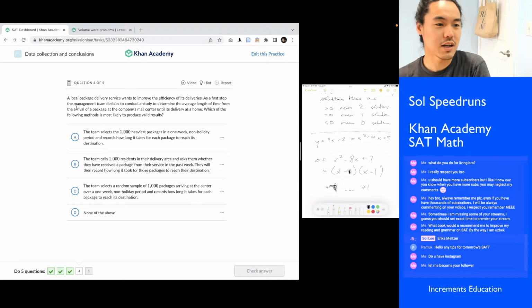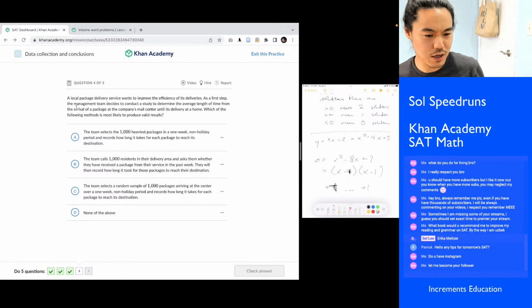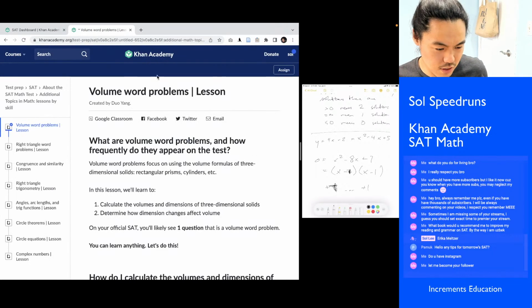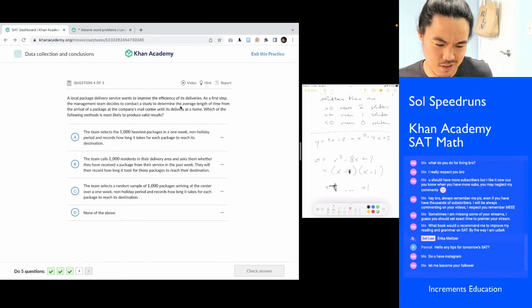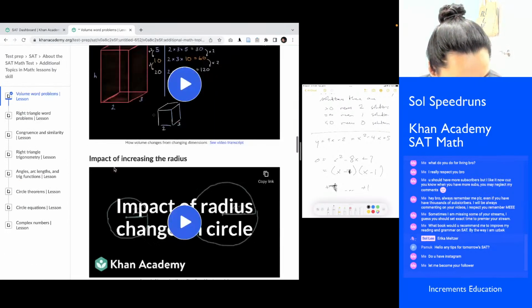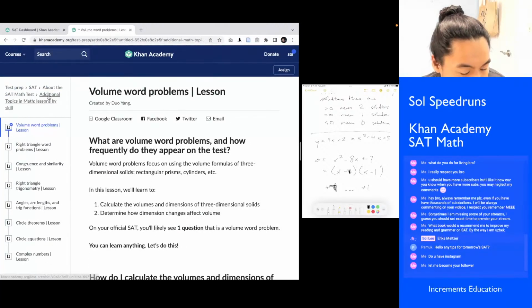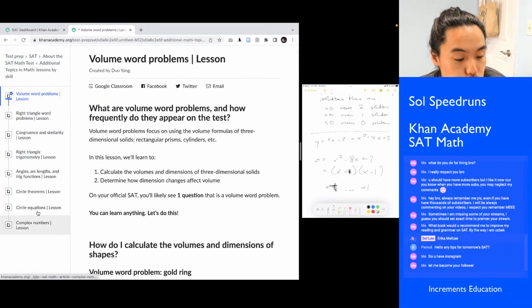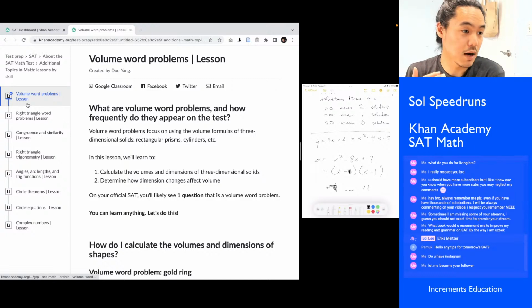These practice questions are not like the practice questions I was looking at in the actual unit. So I just don't want to go through them anymore. I'm done. All right, so I need to now go through the additional topics in math, and this is the real reason I was doing math review.